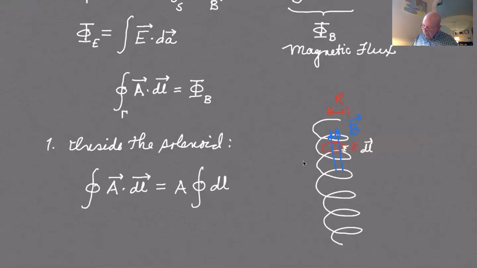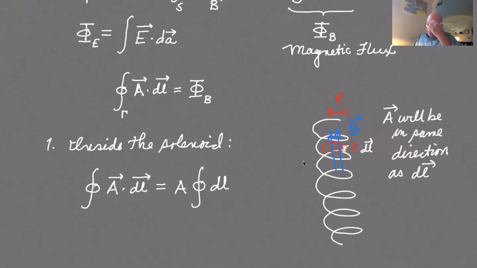A will be along dl, in the same direction as dl, and so that gives theta equal to 0 degrees.